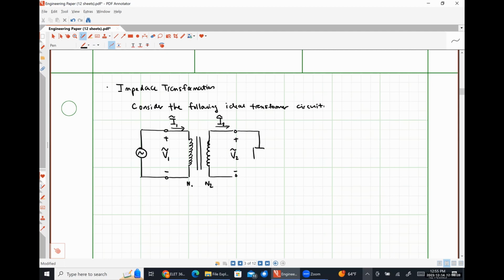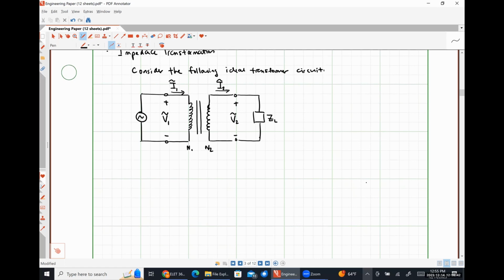And I am supplying power to some arbitrary load, ZL, like so. So by definition, my impedance Z2 is going to be the ratio of the voltage drop V2 over the current I2.